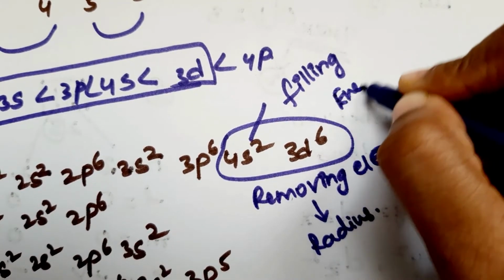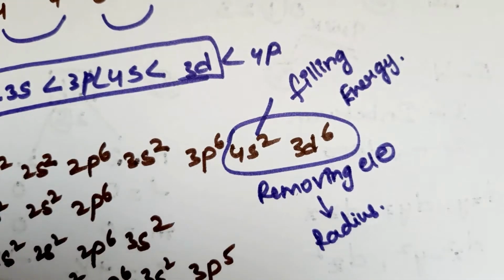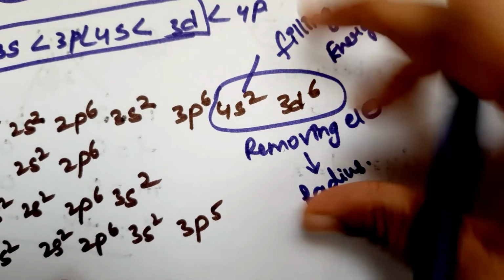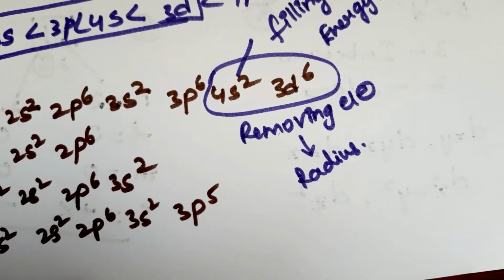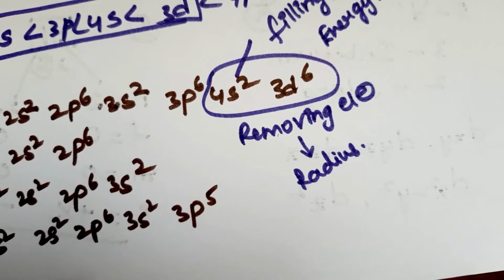Remember these two: when filling, it is based on energy order; when removing electrons, it is based upon radius. Because the one which is far from the nucleus, having more radius, from that orbital we have to remove the electron. So remove from the 4s electron only.